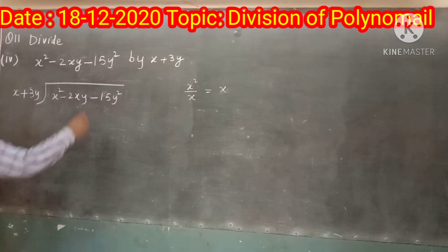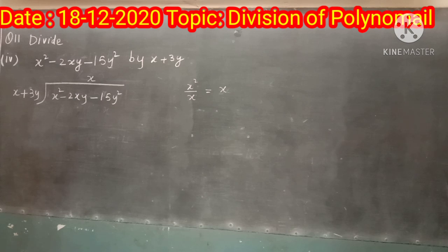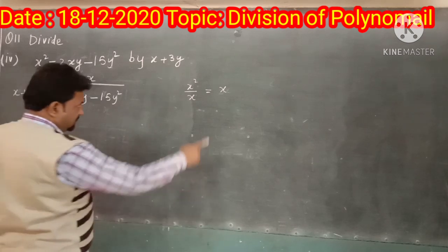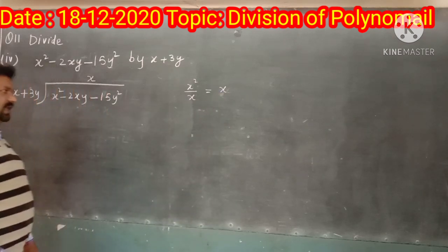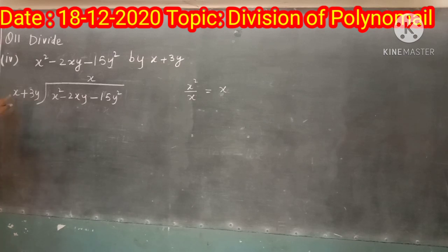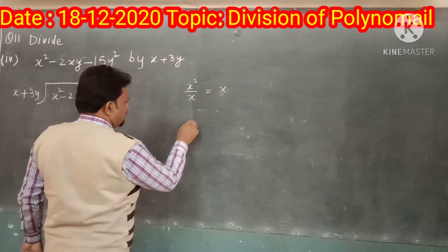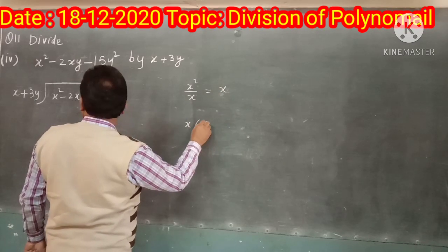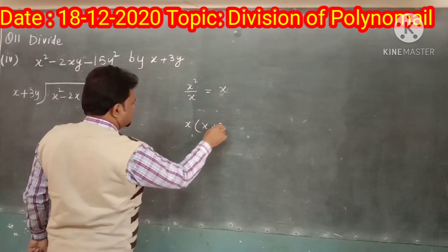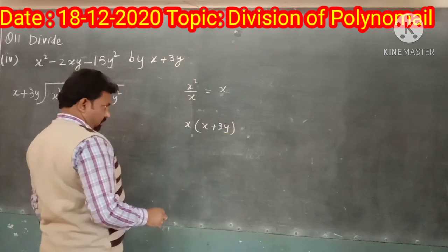This result we will write here as an answer, x, and now we will multiply this result by the divisor, that is x plus 3y. x multiplied by x plus 3y.